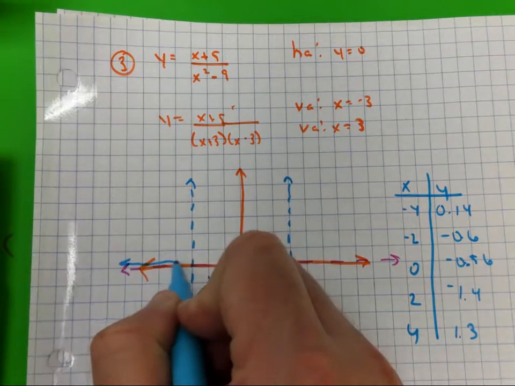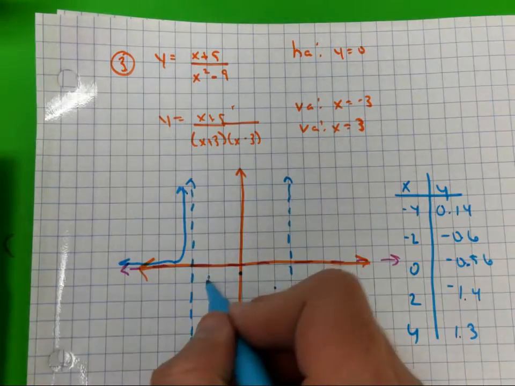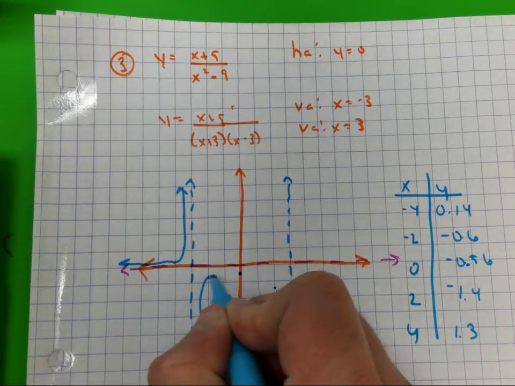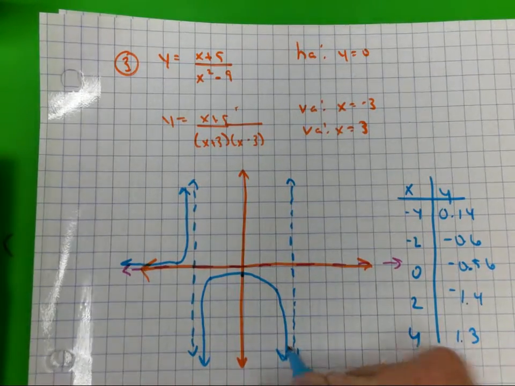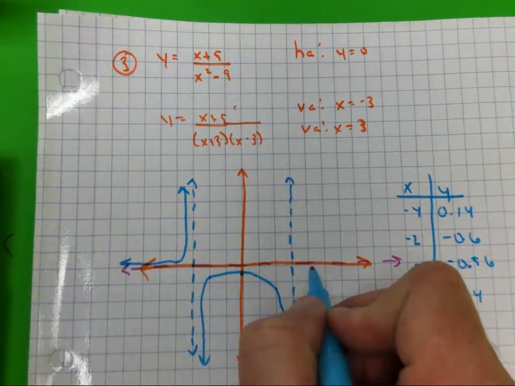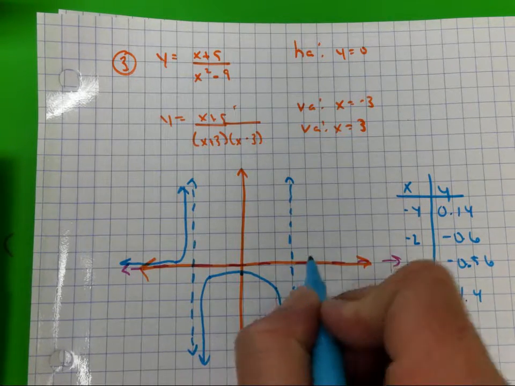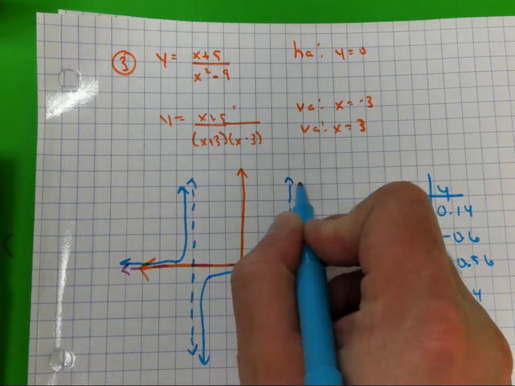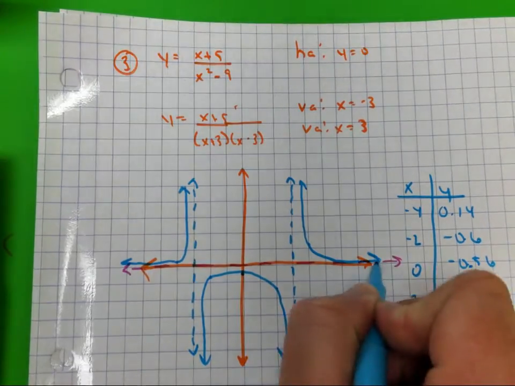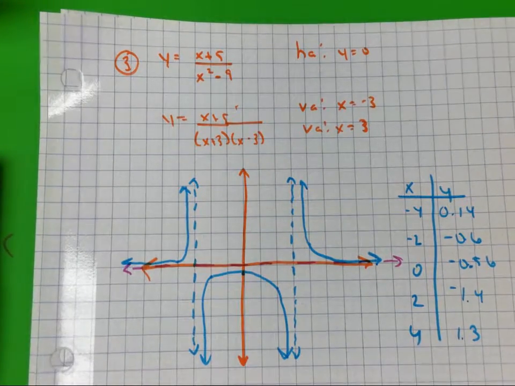We know it gets very close to the asymptote, but does not touch it. And that would be my graph for number 3. And it looks very similar to what was on my calculator screen.